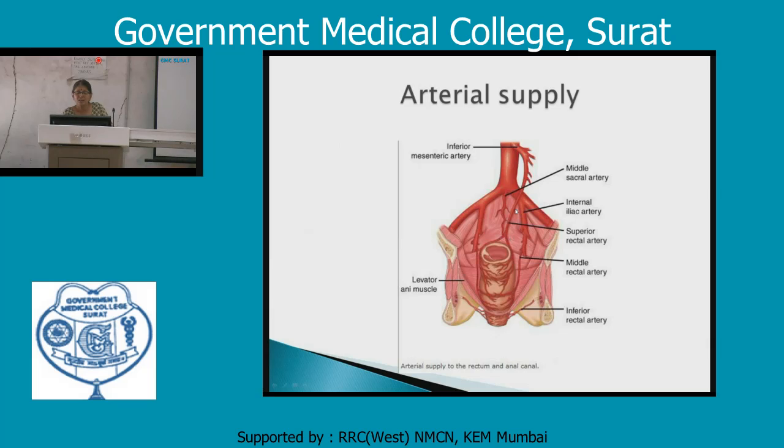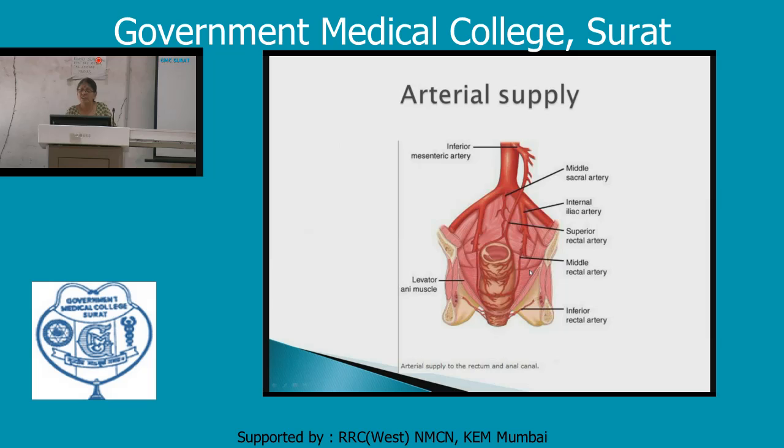This superior rectal artery lies in the medial limb of the pelvic mesocolon, and at the S3 vertebra it divides into right and left branches, and then these branches further divide. The superior rectal artery lies on the posterior surface of the rectum, and all these branches at the middle of the rectum pierce the musculature of the rectum and reach up to the submucosa, supplying even the mucosa. So the most important artery of the rectum is the superior rectal artery, continuation of the inferior mesenteric artery.